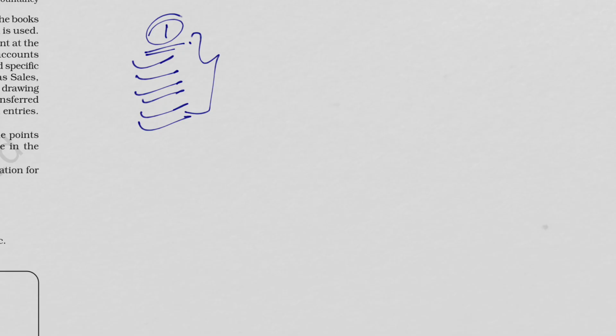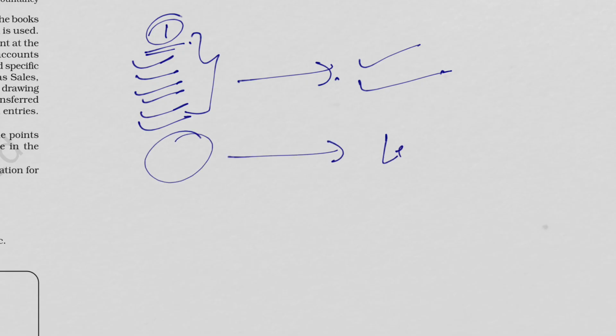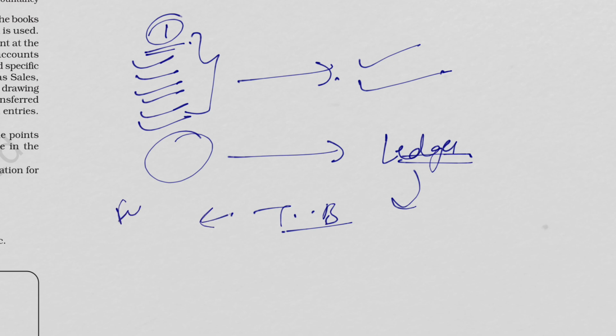Together, these books are called the books of original entry. All these transactions are first recorded in any of these books, and then posted to ledger. Then the trial balance is prepared. Then final accounts are prepared. So this journal proper plays a very crucial role in completing the accounting system.